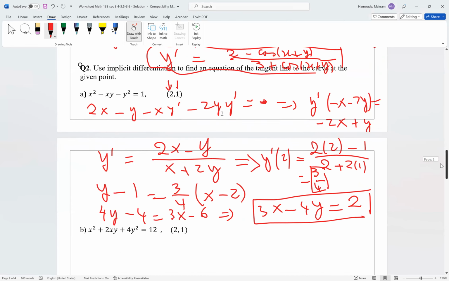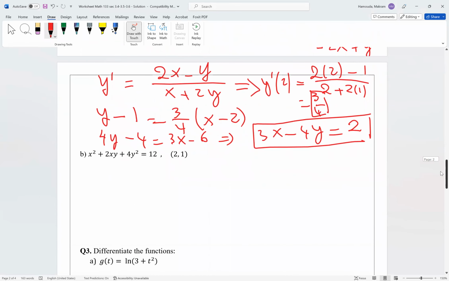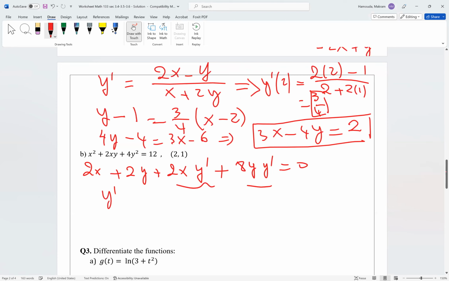Okay, now the same question for the equation in B. So 2x plus 2y plus 2xy prime plus 8y y prime equal to 0. The terms containing y prime, so y prime as a factor. We can simplify everything by 2, so this 2 will go, and this becomes 4.